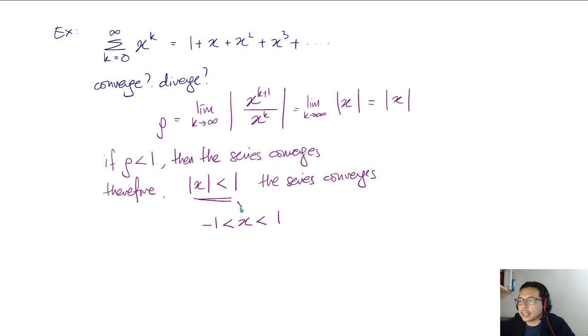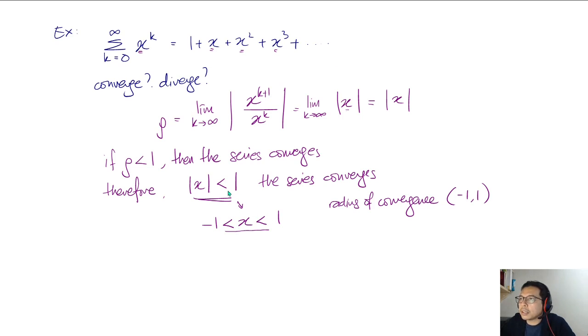So here we say that the interval of convergence is between -1 and 1. If x is a number between -1 and 1, then the series will converge.